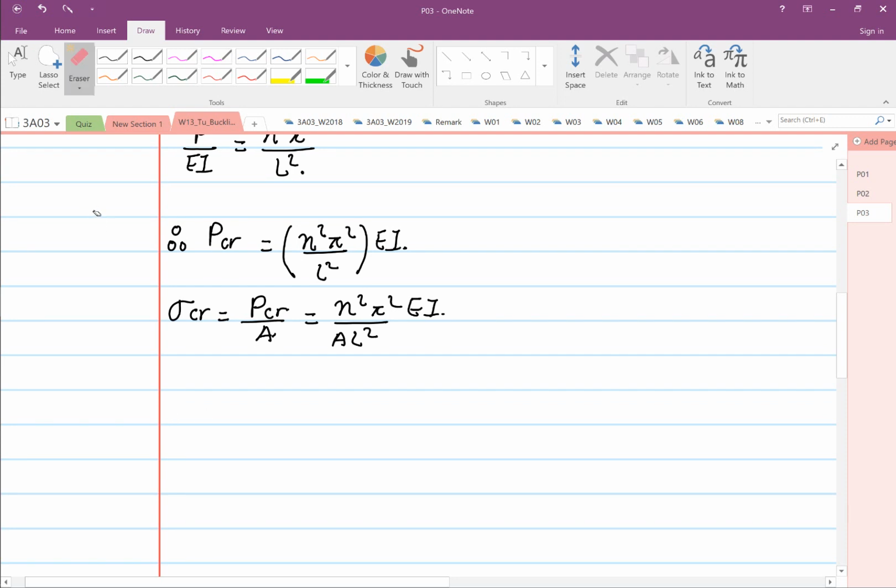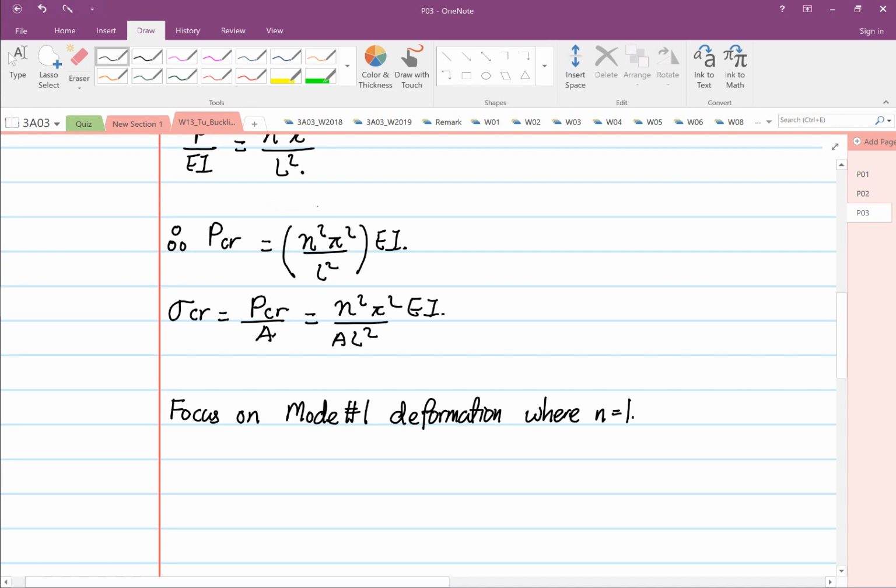We're going to focus on mode 1 deformation, where n is equal to 1.